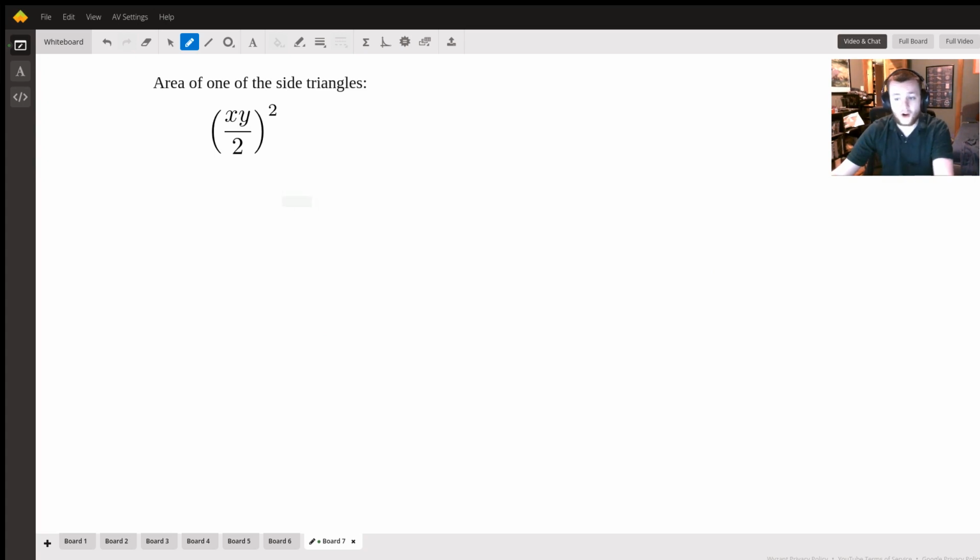Since we're looking for the volume of the tetrahedron, instead of looking at the area, we're looking at volume, so 3-dimensional space.